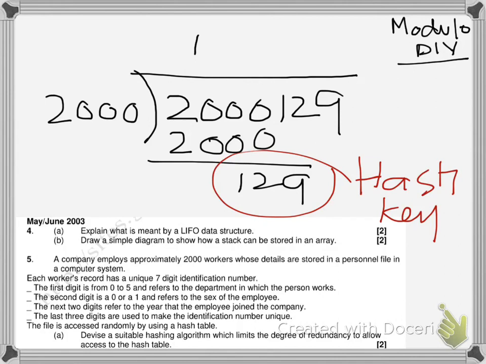The next part of the question requires you to come up with 2 different keys that clash. Since modular division is used, all we have to do is change the number in a way that the remainder remains the same. Okay? So let's make this 2 4. What would happen? 4 000 129 would still yield 129 as the hash key.